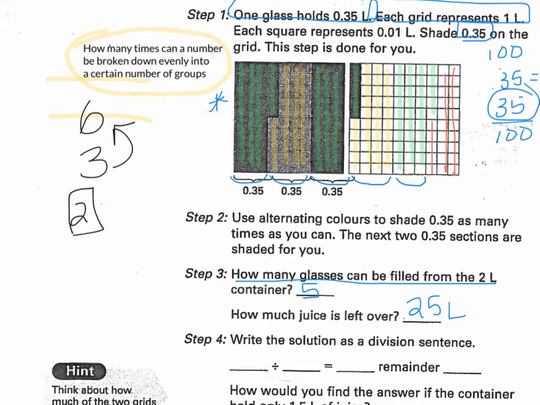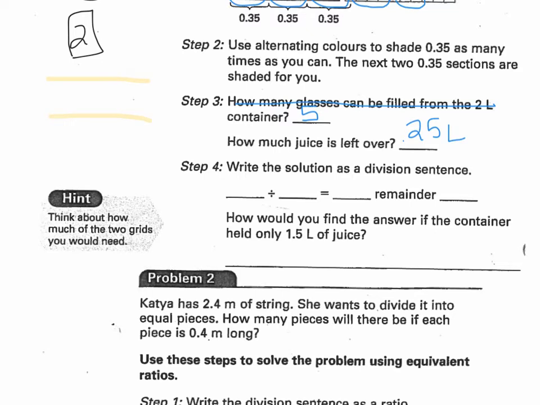This is going to be my division statement. 2 divided by 0.35 equals 5, with a remainder of 0.25 or 25 hundredths. This tells me that 0.35 goes into 2 5 times with this much left over.